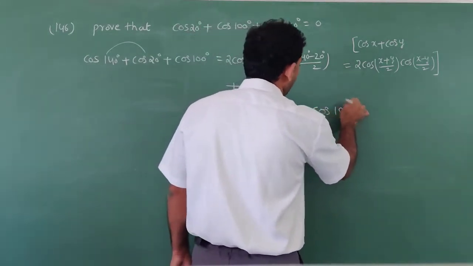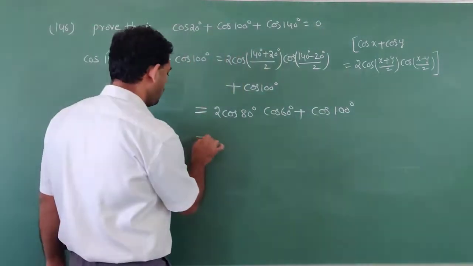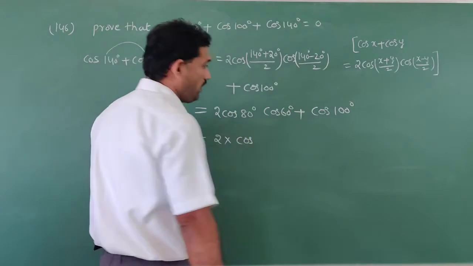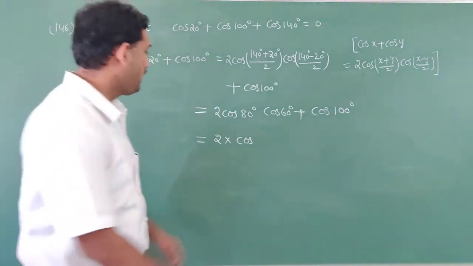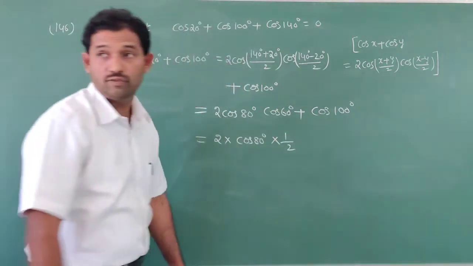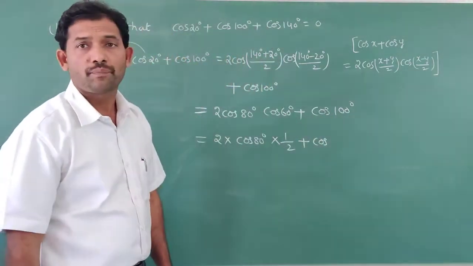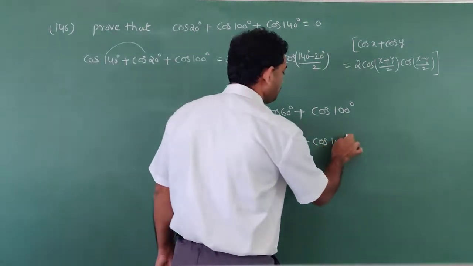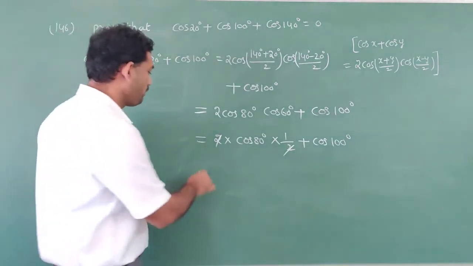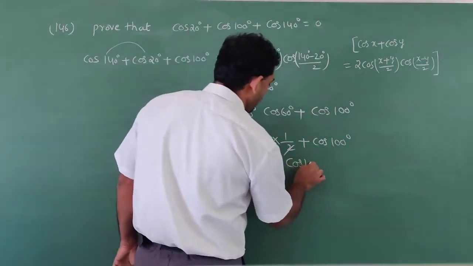So 2 into cos 80 degrees, cos 60 degrees value you already know is 1 by 2, plus cos 100 degrees. The 2 gets cancelled. Now remaining cos 80 degrees plus cos 100 degrees.